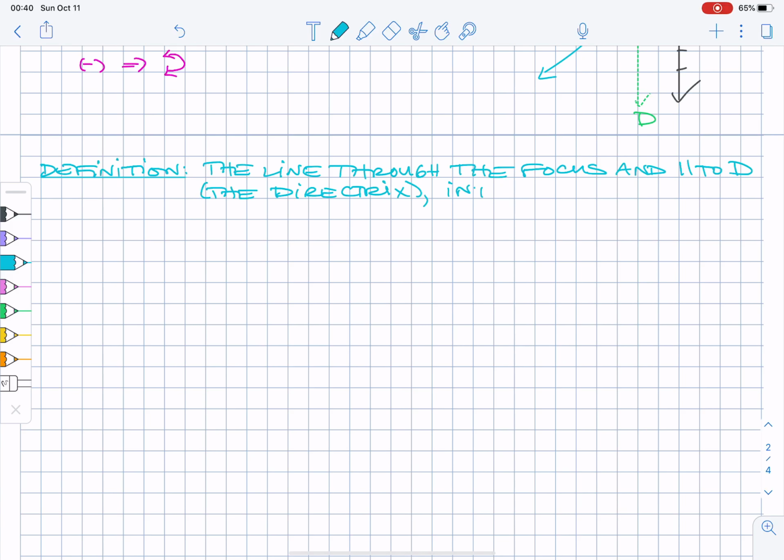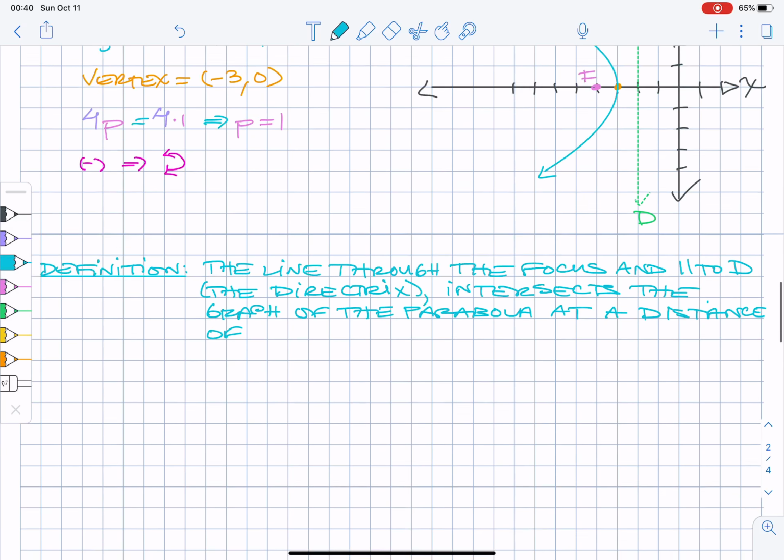intersects the graph of the parabola at a distance of, well, let's see.